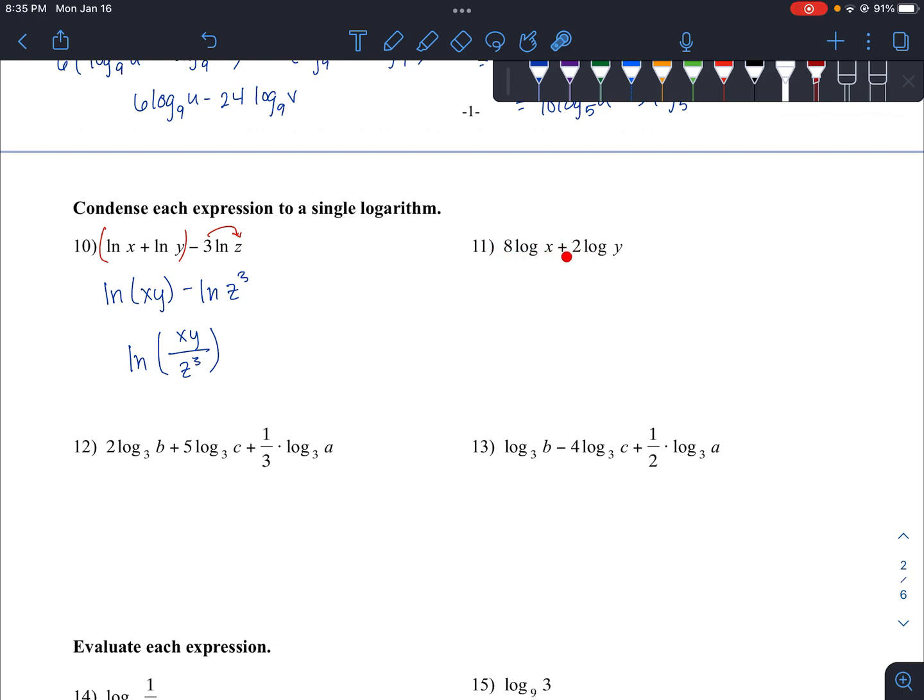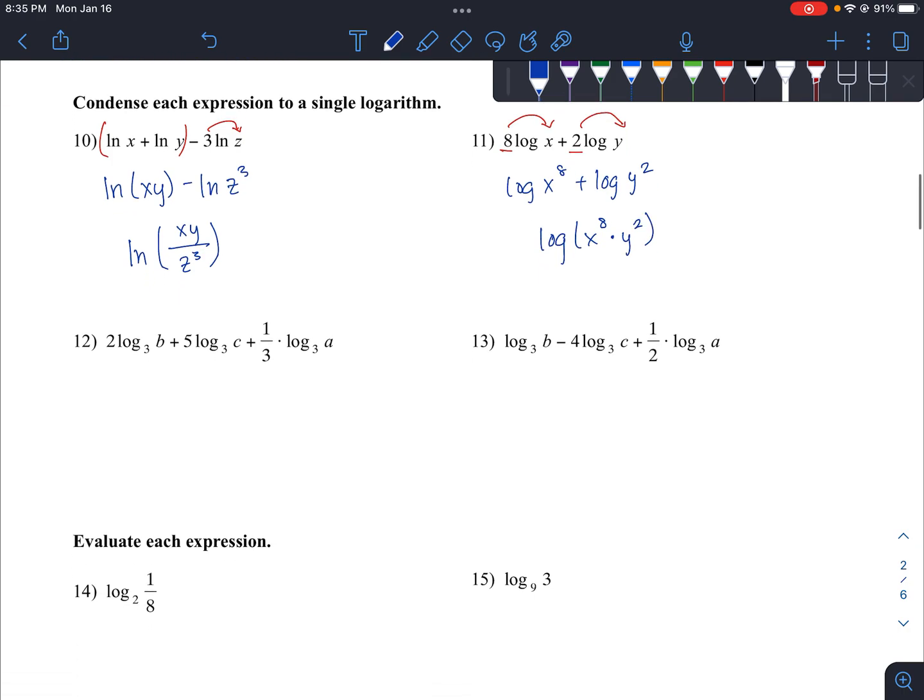For this one right here, again I'm going to look at the coefficients of the logarithms and move them to be powers first. So this will be a log of x to the 8th plus log of y squared. Because they're being added, I'm going to condense them into one logarithm, log of x to the 8th times y squared.